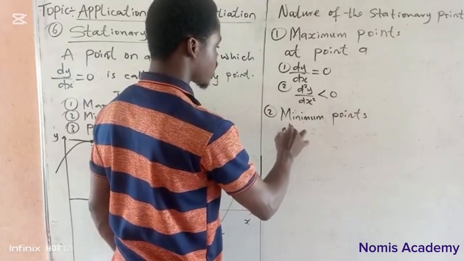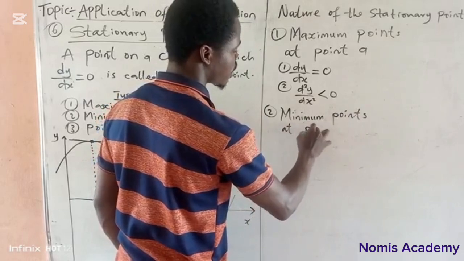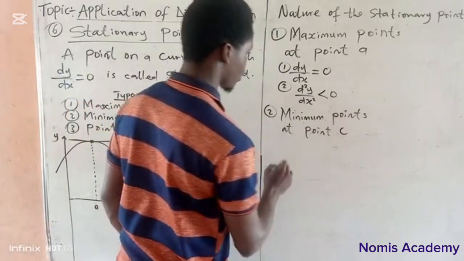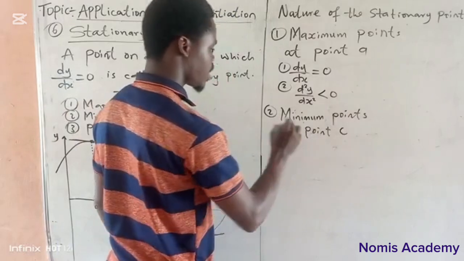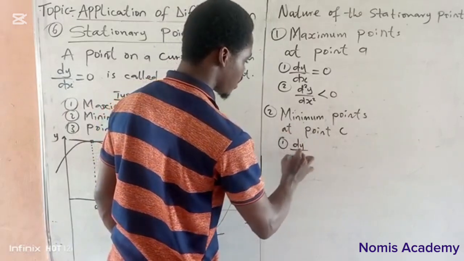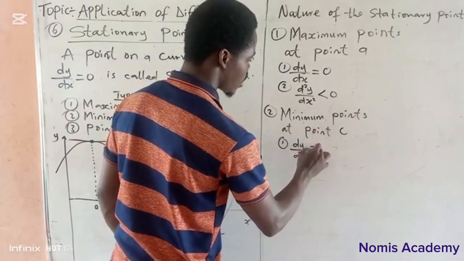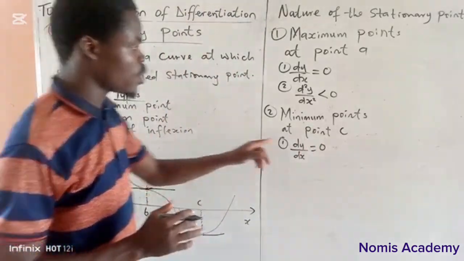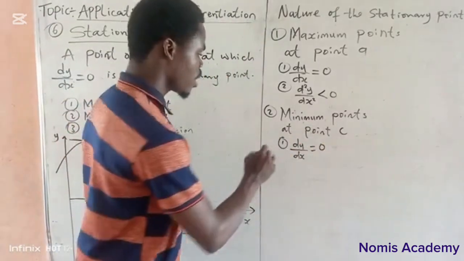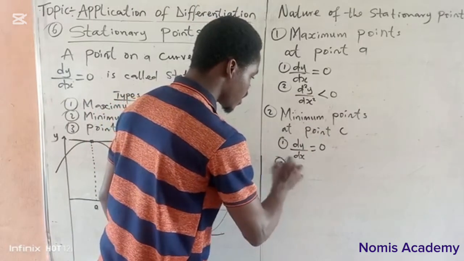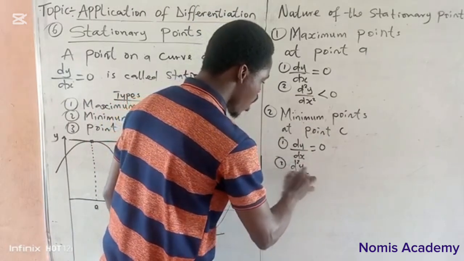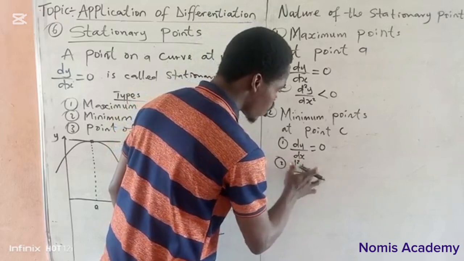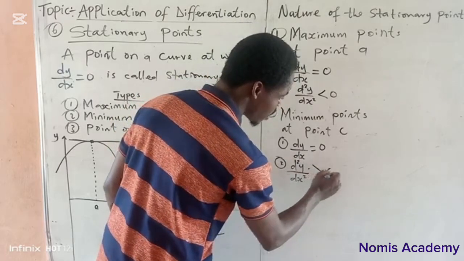Then for the minimum point, at point C, the first condition is that dy/dx is equal to 0. Then the second condition is that d²y/dx² is greater than 0.